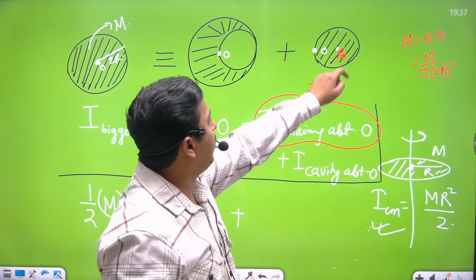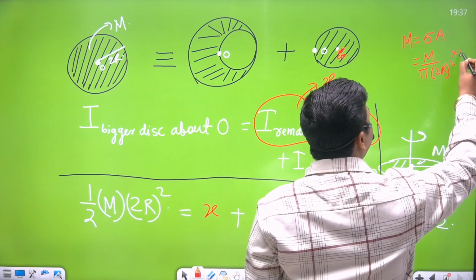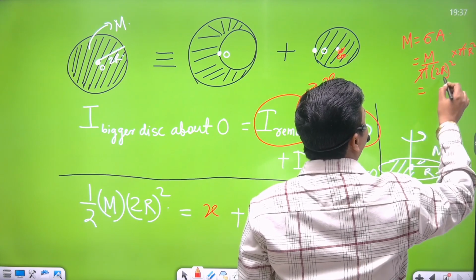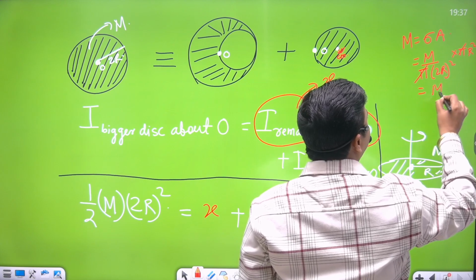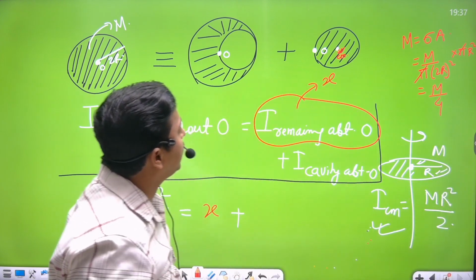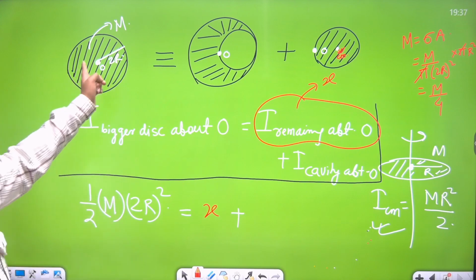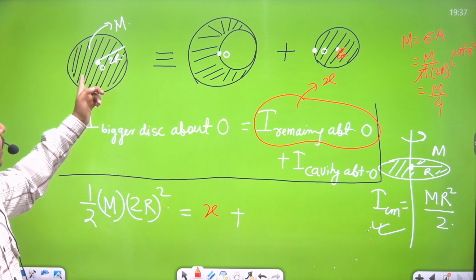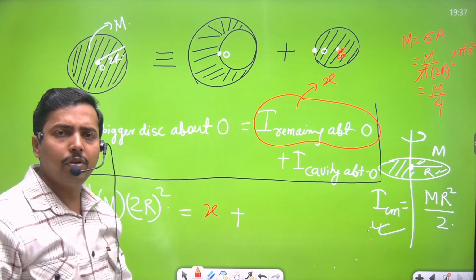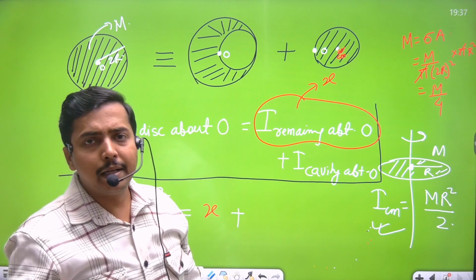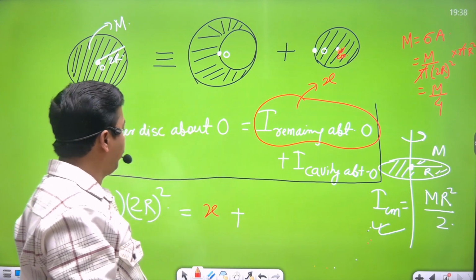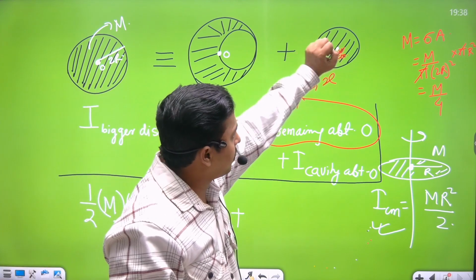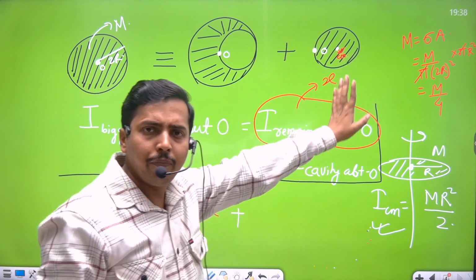And the area of this cavity will be pi into r square. So pi and pi will cancel out, r square will cancel out, so it will be equal to M by 4, isn't it? Radius is halved, so area will be 1/4, hence mass will also be 1/4, if uniform mass density is given, and I am assuming uniform mass density here. So the mass of the smaller disk is now M by 4.